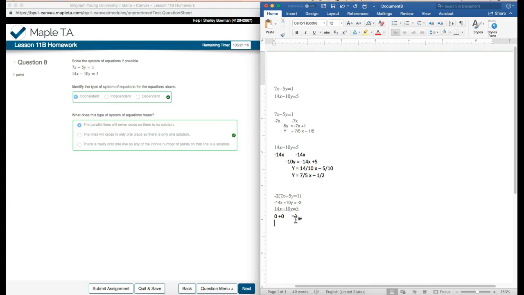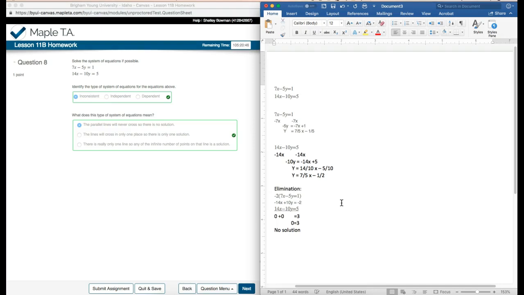I end up with something kind of crazy. 0 equals 3, which doesn't make sense at all because 0 does not equal 3. And so I would say that there's no solution, or in other words, it's inconsistent, or these are parallel. That's if I were to have done this elimination method, for those of you who are wanting to go this way.